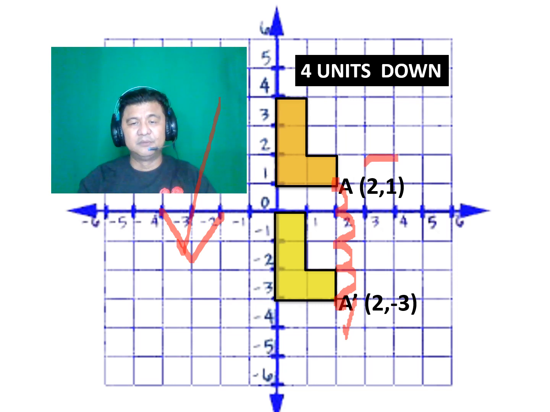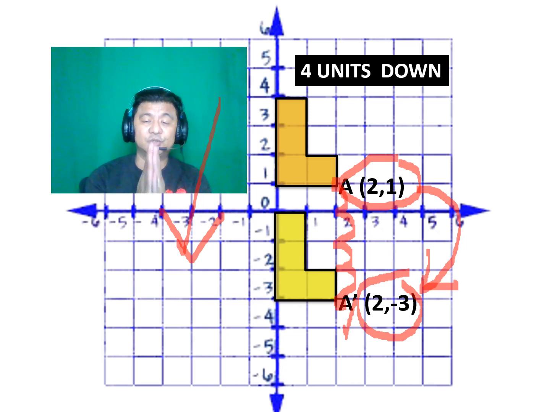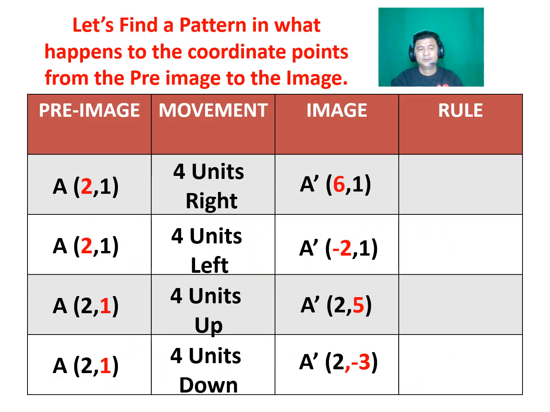All right, think of what happened to the coordinates. So we did all those 4 movements. Now we organize everything. We will find the pattern on what happens to the coordinate points from the pre-image to the image.